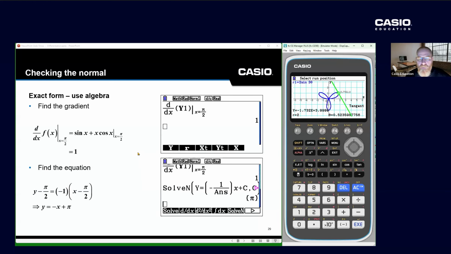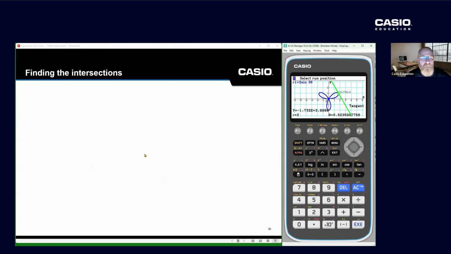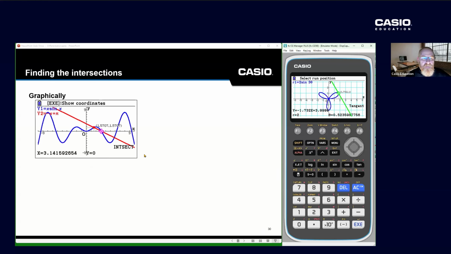Okay, so using solve in this context can confirm what the equation of the normal is. Then you can find your intersections quite easily by sketching and just finding intersect. It is confirming that actually it occurs at the root.